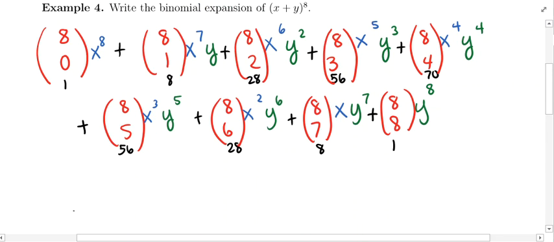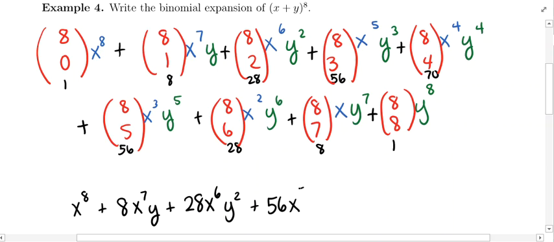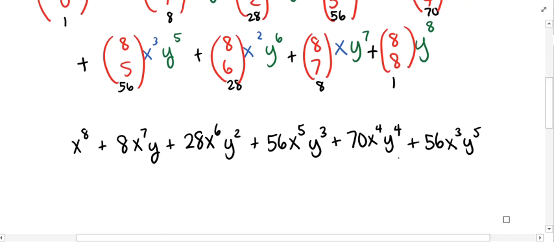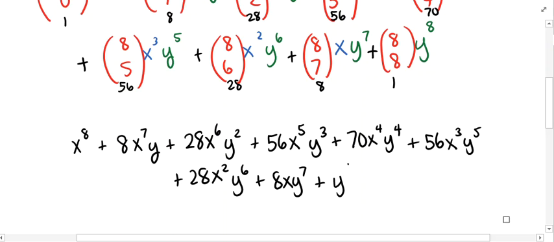This is going to be 1 times x to the 8th plus 8 times x to the 7th times y plus 28 times x to the 6th times y squared plus 56 times x to the 5th y cubed plus 70 times x to the 4th y to the 4th plus 56 times x cubed y to the 5th plus 28 x squared y to the 6th plus 8 times x times y to the 7th plus 1 times y to the 8th.